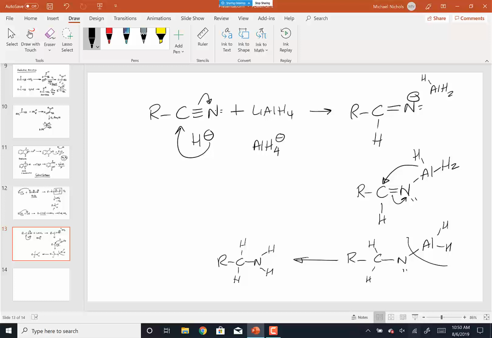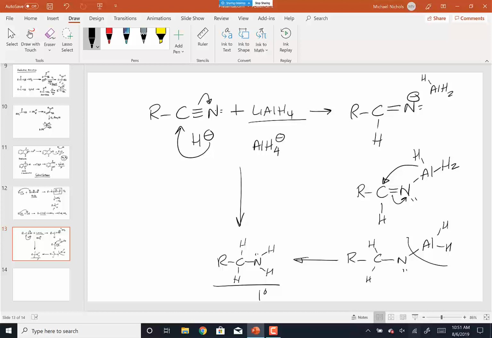And so I will have reduced my carbon and my nitrogen down to a single bond. And so when you reduce a nitrile with lithium aluminum hydride, you end up with a primary amine.